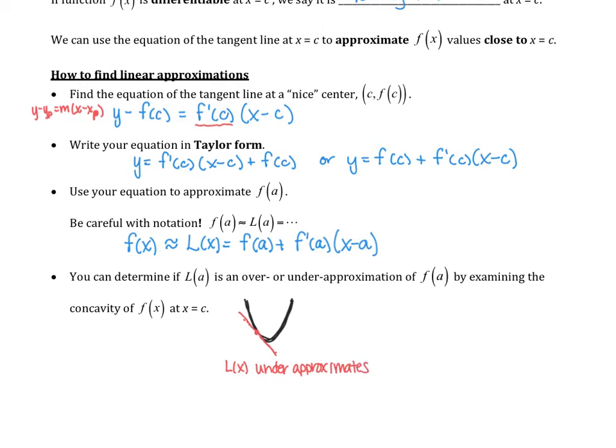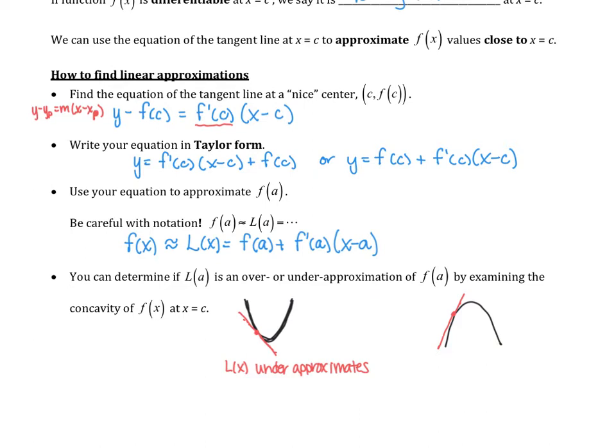Whereas if my function is concave down, and maybe it's not a parabola, maybe it's just concave down, and I draw a tangent line, any tangent line that I draw along this curve is going to be above the curve.